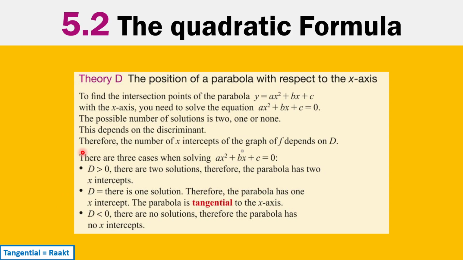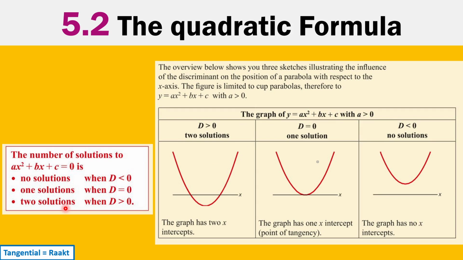Then you say, sir, well, this is very abstract. Okay, let's just show you what this means. If I have a graph of the form y equals ax squared plus bx plus c, right, with a, b, and c just being any number, and a bigger than 0, then my function or formula when I graph it looks something like this.